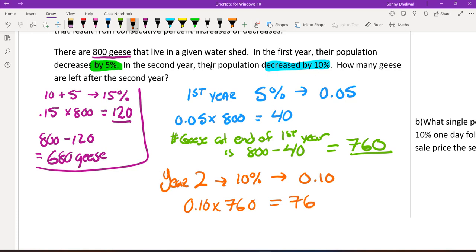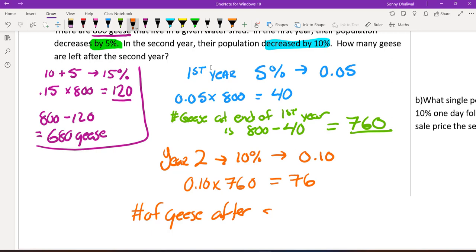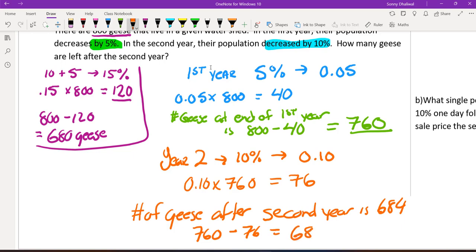So how many geese are there? Caitlin? 684. Thank you. So the number of geese after the second year is 684, which we got from 760 minus 76 equals 684.